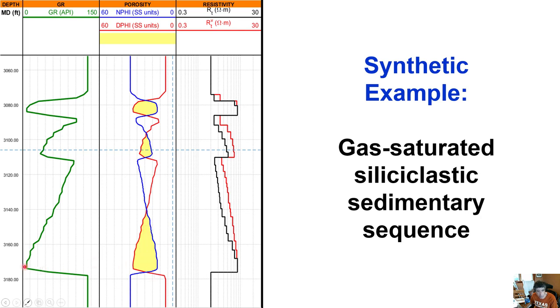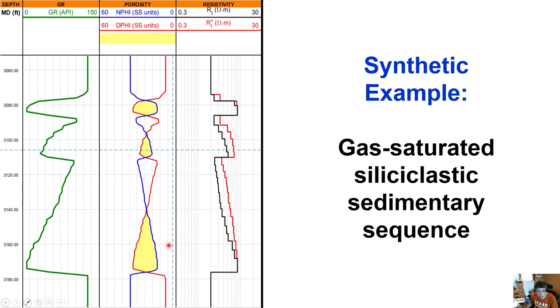But as we walk along this sequence, the gamma ray log increases because the volumetric concentration of shale is increasing, because we have more lamina of shale than lamina of sandstone. So at some point, even though it's gas saturated, the crossover decreases. It's actually gone. Now the neutron is larger than the density, so this behavior tends to be similar to the behavior that we have in a pure shale. You see, when we increase the volumetric concentration of shale in any of these shale-laminated sequences, the tendency for the logs is to begin to look like the logs across a pure shale.